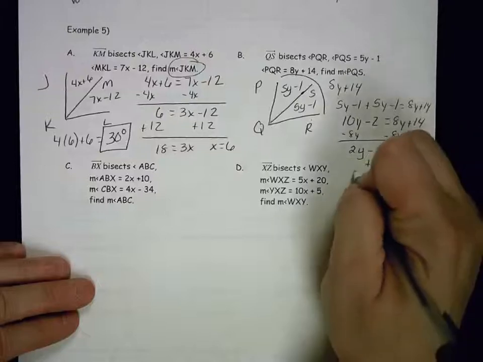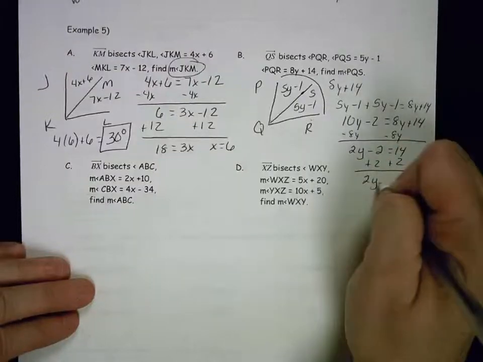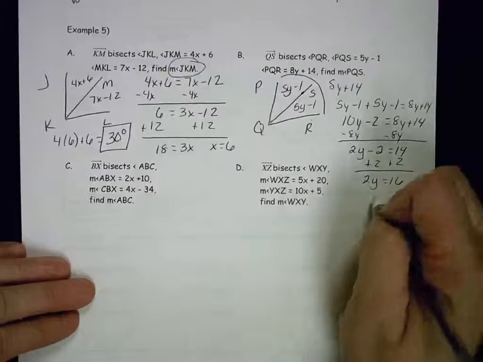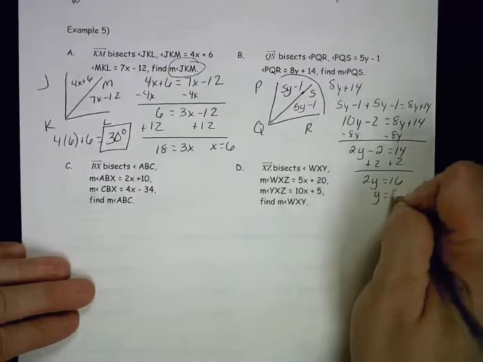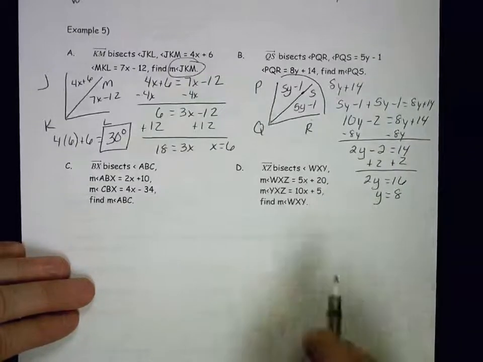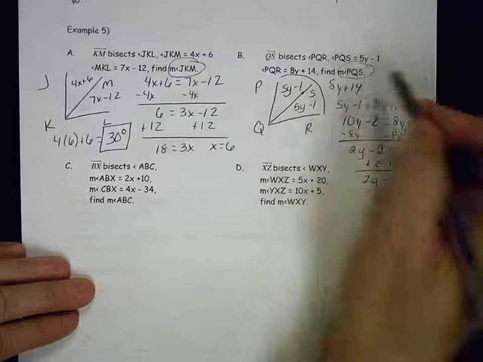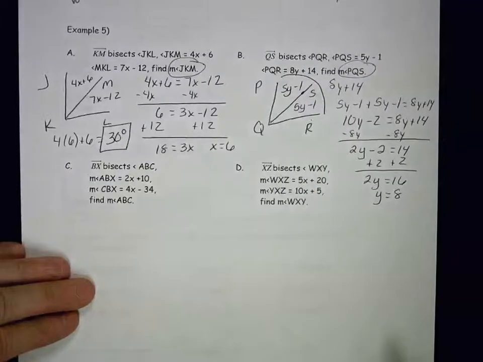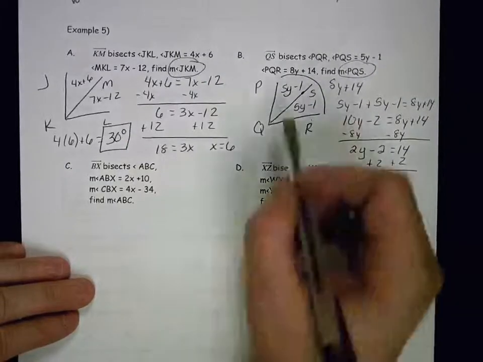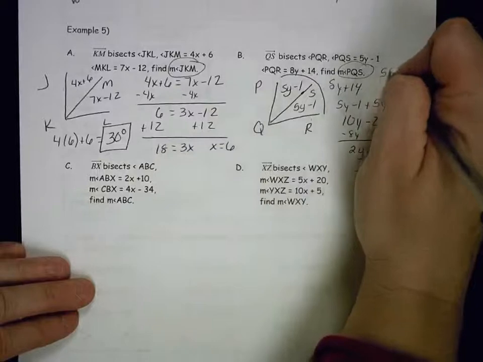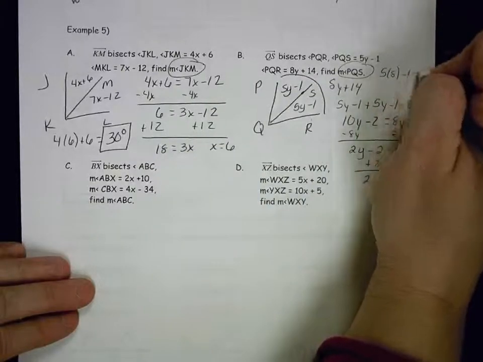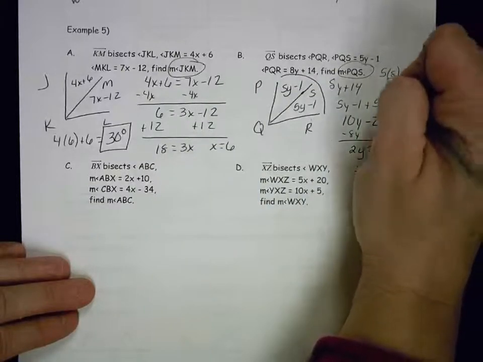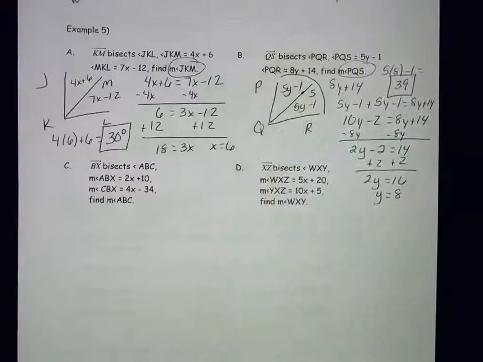Adding 2 to both sides, 2y equals 16, and then y equals 8. And in this case, we were asked to find PQS. So 5 times 8 is 40, minus 1 is 39.